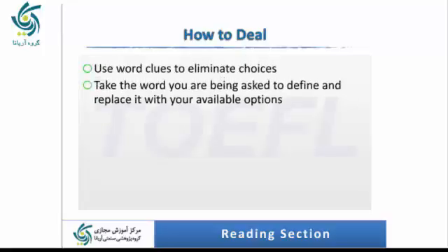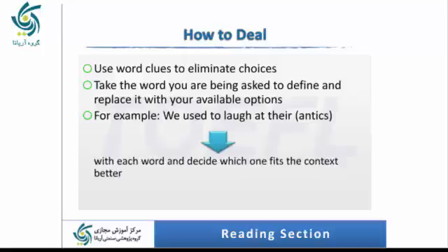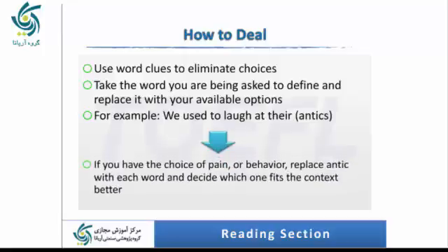Well, another thing that you can do is to use word clues to eliminate choices. That means take the word you're being asked to define and replace it with your available options. For example, we used to laugh at their antics. If you've got the choice of pain and behavior, replace it with antic and decide which one fits the context better.